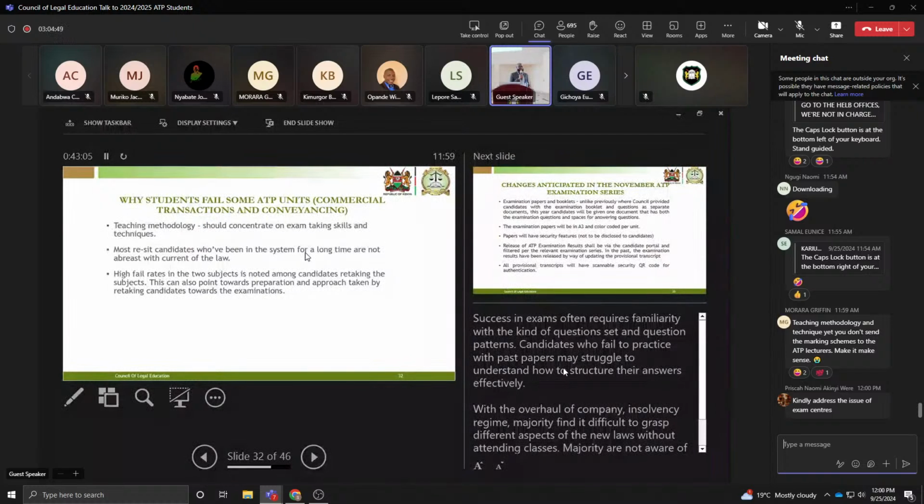And lastly, there was also a concern that high fail rates in those two subjects are noted, especially among the candidates who are repeating the subject. And this can also point towards preparation, how these students approach examinations or preparations before they sit for these papers, and also the issue of attitude.